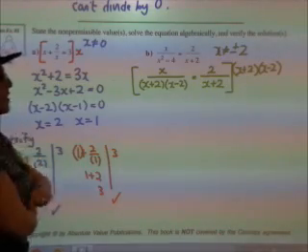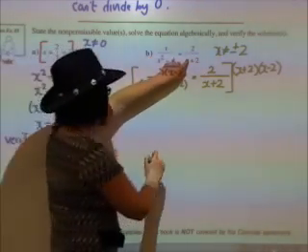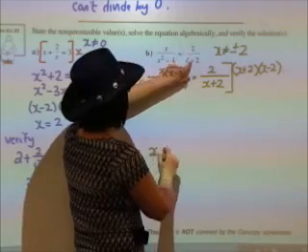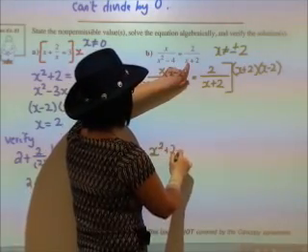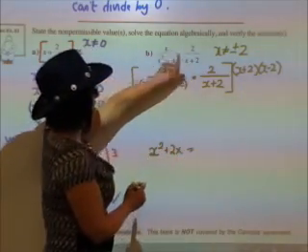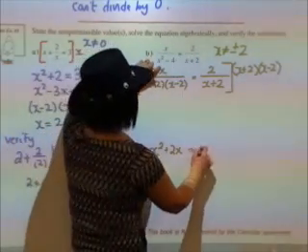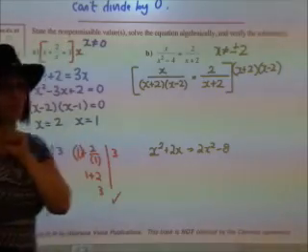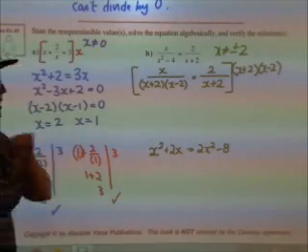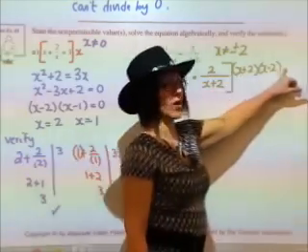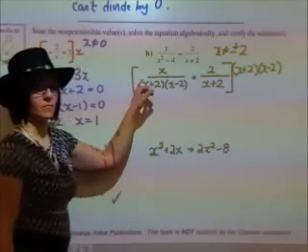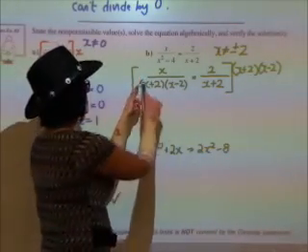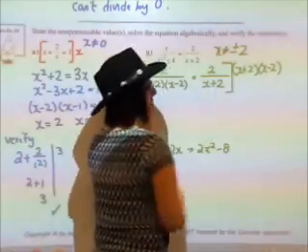So what do I get if I cross multiply? I would get x squared plus 2x for multiplying these two. And then I would get 2x squared minus 8. If I multiply by this common denominator, or common multiple, this is going to cancel out.